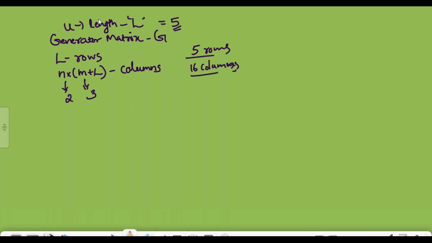For this example, in general we can say if the length of the input sequence is capital L, the generator matrix of the convolutional code has L rows, so here in this example 5 rows, and n into (m plus L) columns. Here n is the number of outputs, m the number of stages in the shift register.